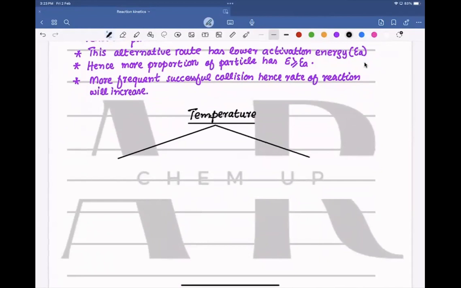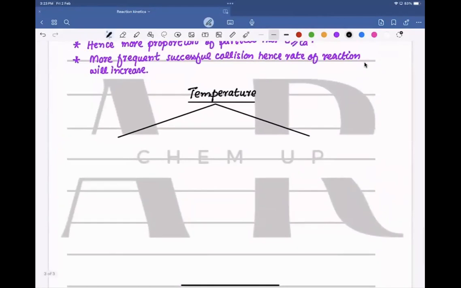So we are going to discuss both conditions and how they affect the rate.